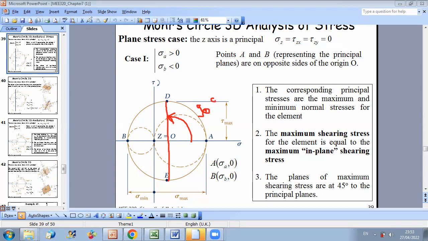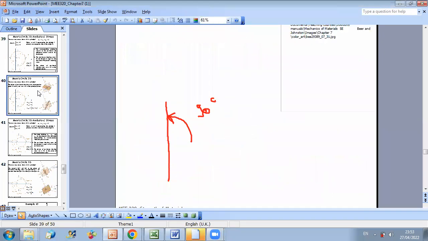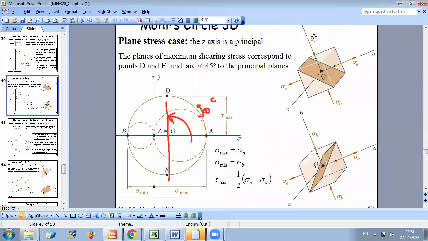And if I want to illustrate this plane, as you can see in this figure, knowing the principal axis AB, I can simply say that if I rotate an angle of 45 degrees from this axis, I can obtain the plane of maximum shear.